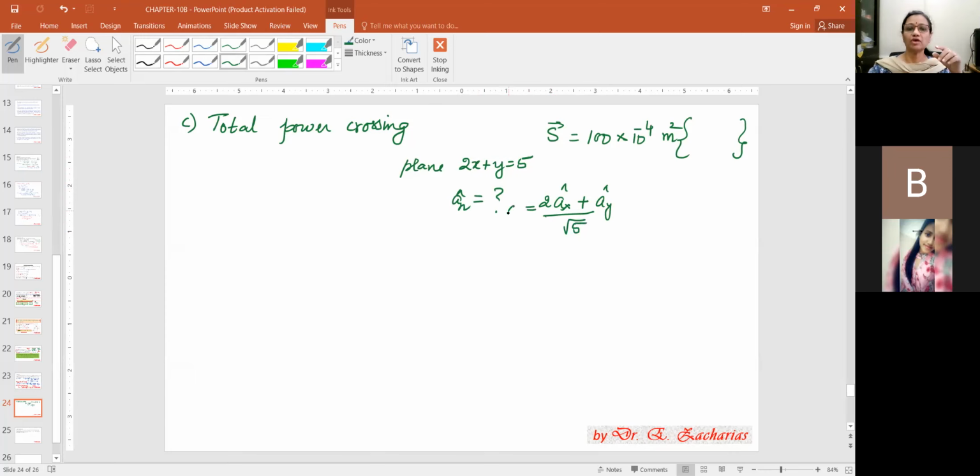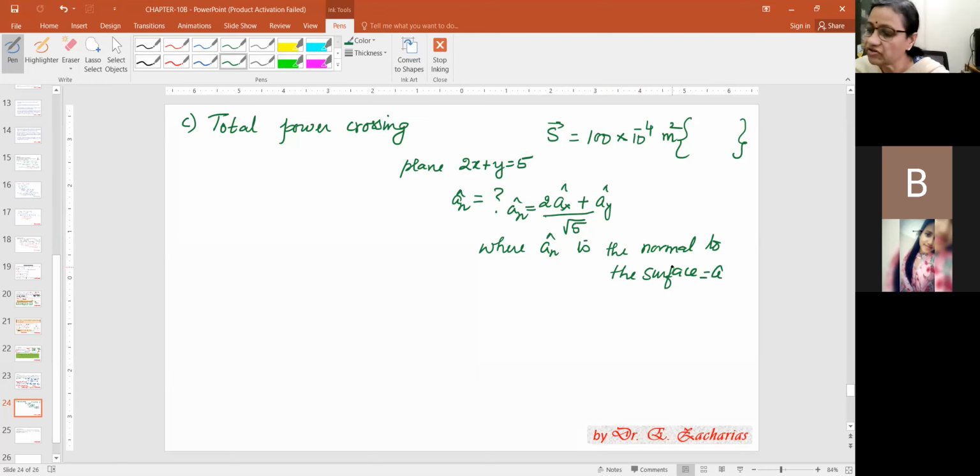So this is going to be your an cap, the normal to the surface. The plane of the surface is the xy plane. If this is your xy plane, then the propagation direction is going to be perpendicular to this.